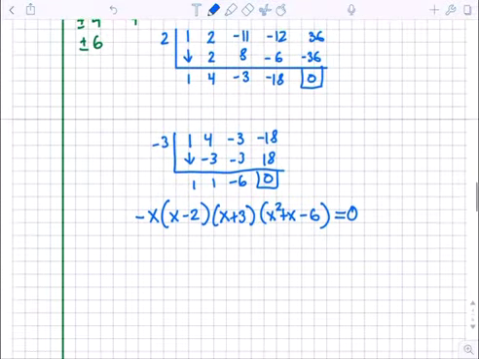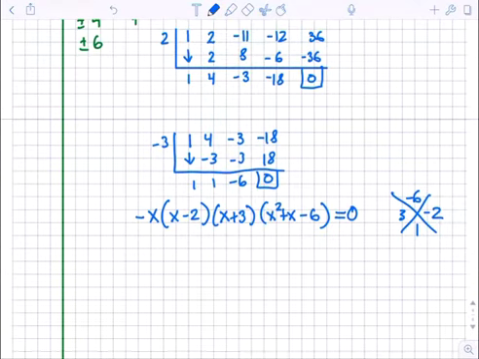Now, we just factor that using the x method. Negative 6 and 1. Negative 6 is negative 6 times 1. That's how we got negative 6. And the 1 on the bottom comes from that coefficient right there, which is 1. So I know 3 times negative 2 will give me negative 6, and when added gives me 1. So luckily, a is equal to 1 right there.